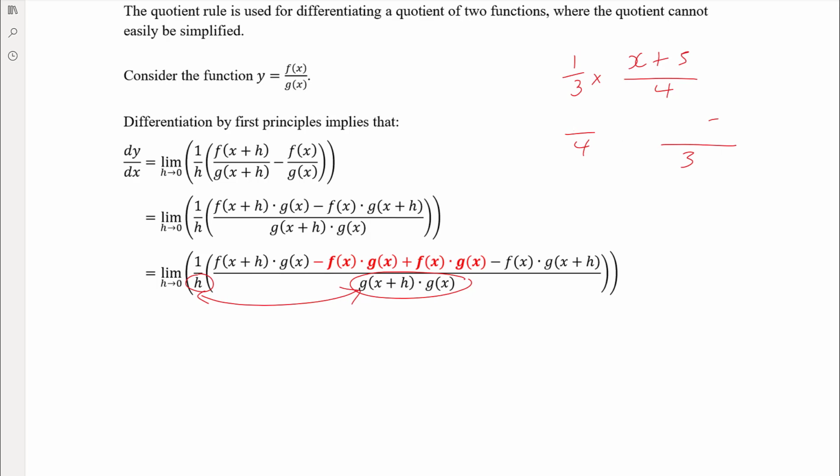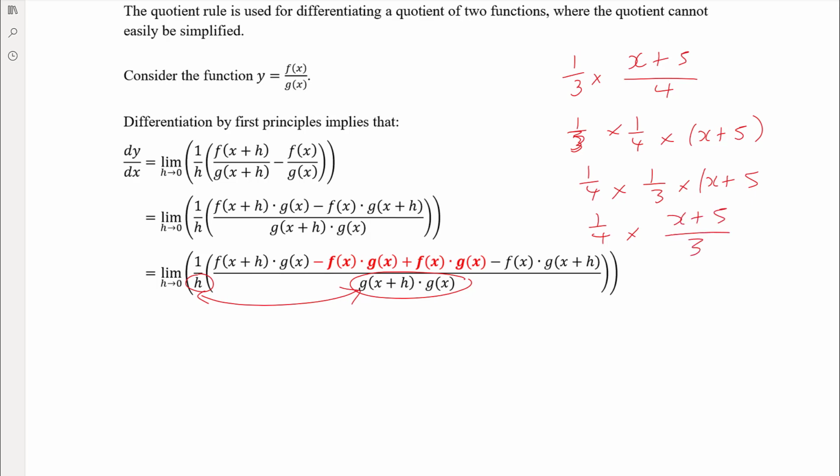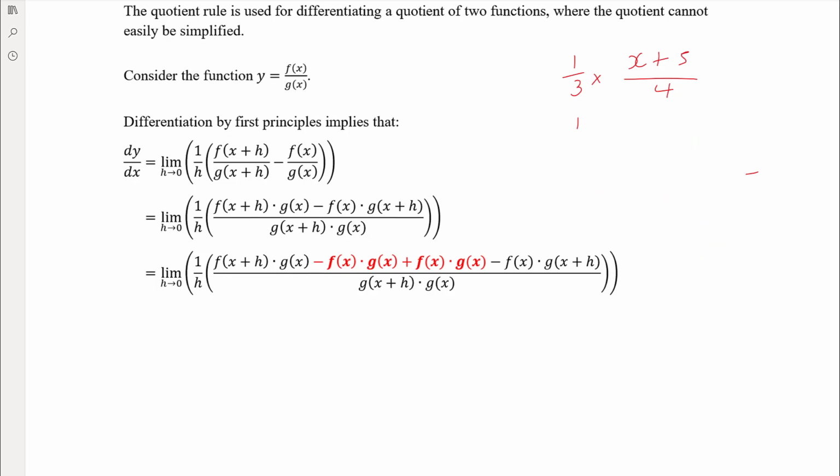Because it is the same as having 1/3 times 1/4 times x plus 5, which you can choose to write as 1/4 times 1/3 times x plus 5, and therefore 1/4 times x plus 5 over 3. So we can swap those denominators, and I'm going to do that at the same time. We'll put it back in a bit later, but it's going to enable me to simplify a bit more easily.